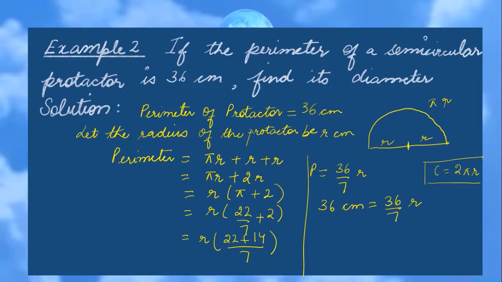Or it will be cancelled. Then you can say r is your 7 centimeter. And we want to find out diameter. So you know diameter is 2r. So it is 2 into 7 centimeter equals 14 centimeter. So in this way you can do it.